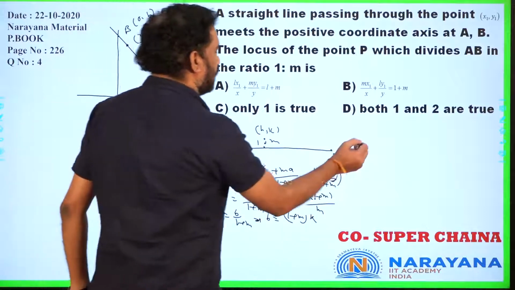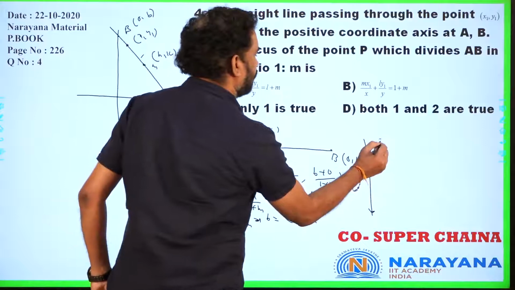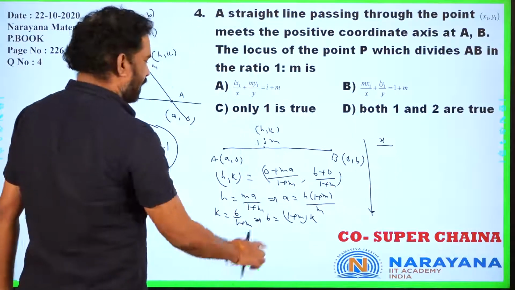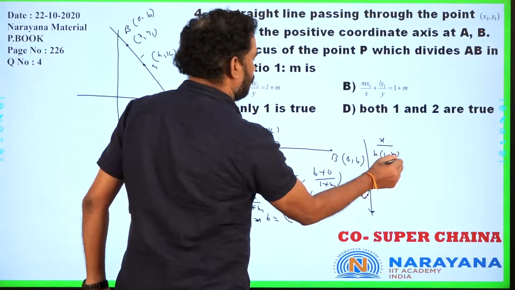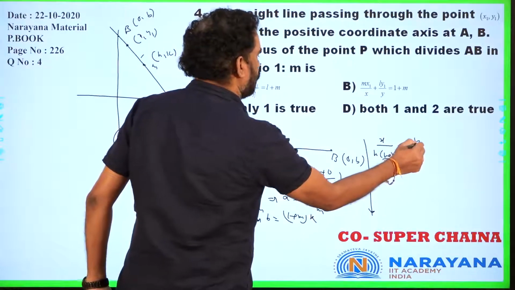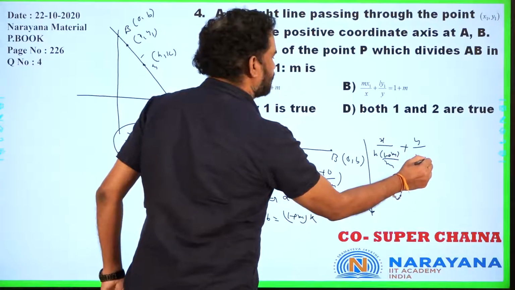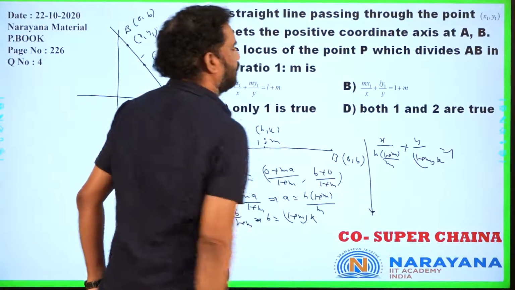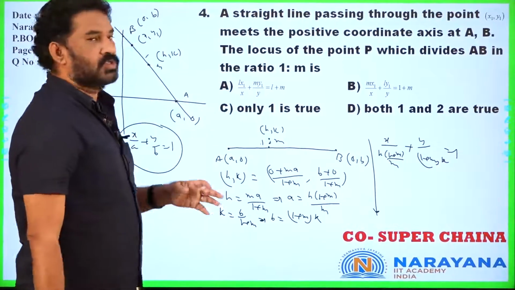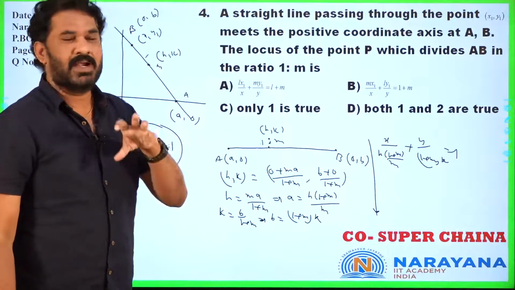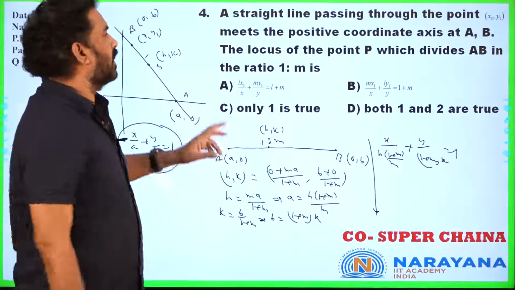The equation of the line is x by (h into (1 plus m) by m) plus y by ((1 plus m) into k) equals 1. This is the line in terms of the ratio 1:m. To get the locus, in every locus problem they will give a condition. What is the condition they have given?